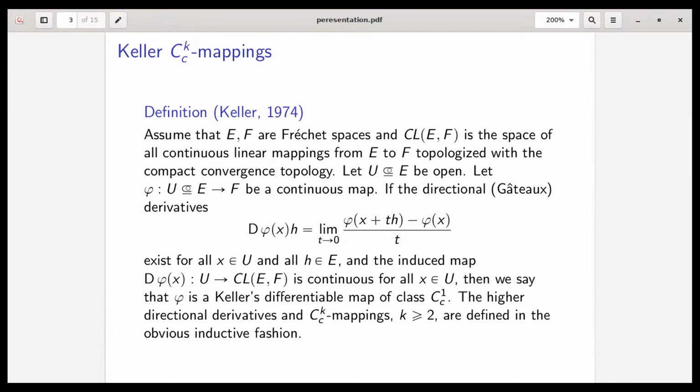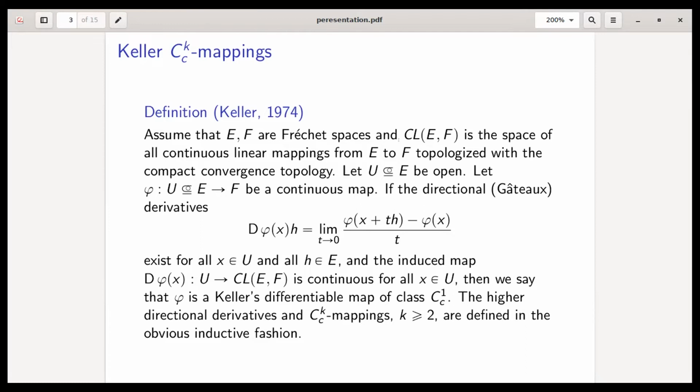There are various notions of differentiability for Fréchet spaces, but the one that would provide a solid framework to study critical points would be the so-called Keller C^1_c differentiability. The reason for this is that in this definition, the derivative is supposed to belong to the space of continuous linear mappings topologized by the compact convergence topology.